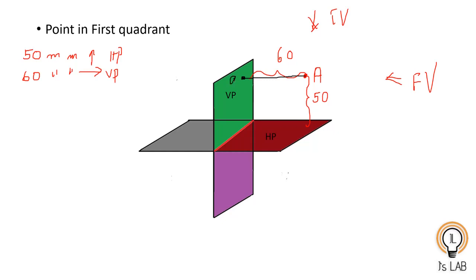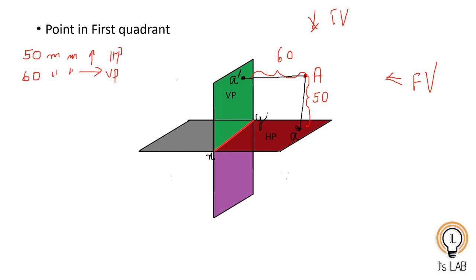Always the front view will be formed on VP, and it is represented by a dash, small letter a dash, and its top view will be on HP, which is represented by small letter a. This red line is the XY line, the line of intersection of HP and VP. In the front view you got a dash, and in the top view you got a.